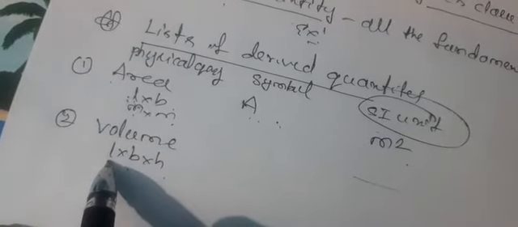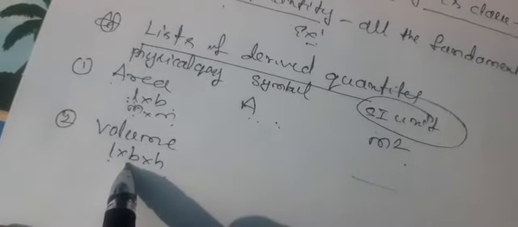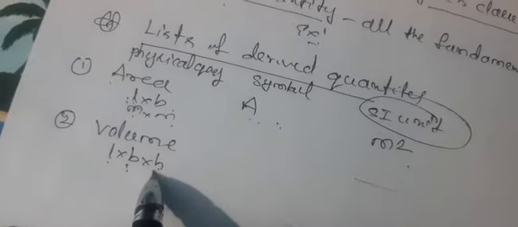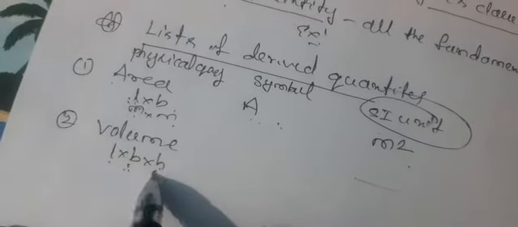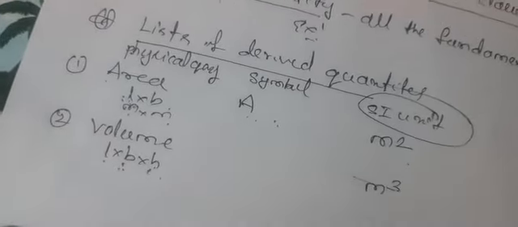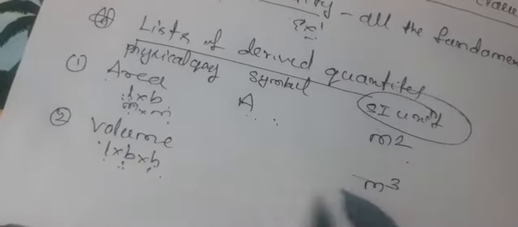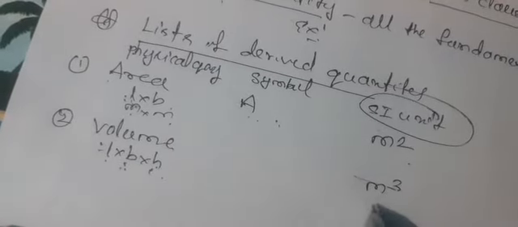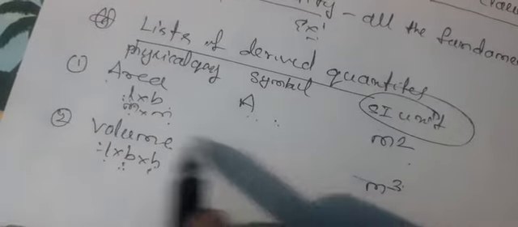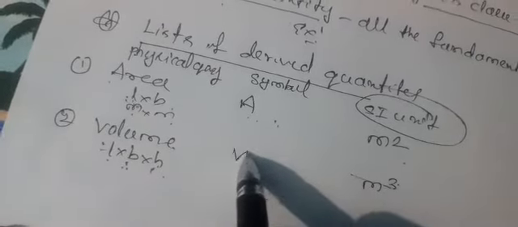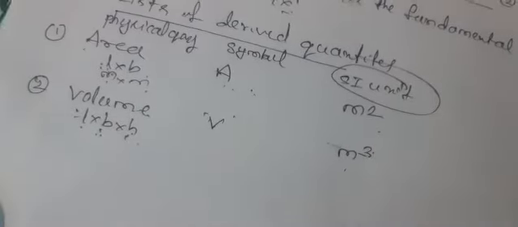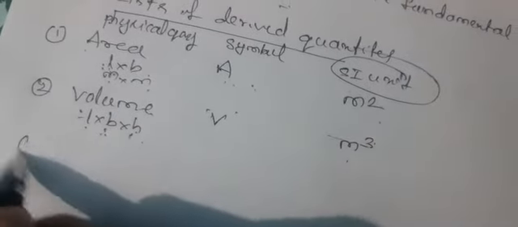The unit of each is meter, so meter into meter into meter is meter cube. The SI unit of volume is meter cube, represented by the symbol capital V. That is the second derived quantity. Next one is density.